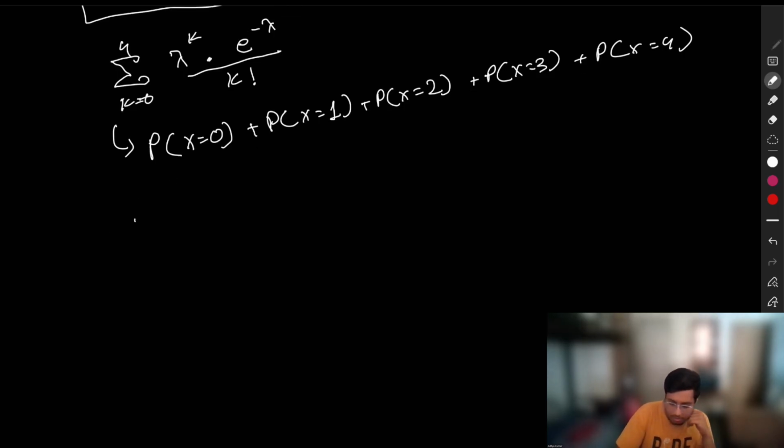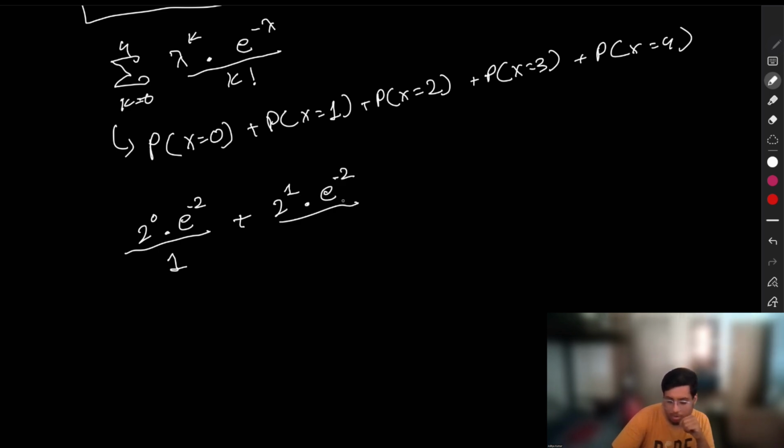What is x equal to 0? Lambda raised to the power k, which is 0. Let's write the values only. 2 raised to the power 0 multiplied by e raised to the power minus 2 upon k factorial. What is the value of 0 factorial? It is 1. Plus 2 raised to the power 1 multiplied by e raised to the power minus 2 upon 1 factorial, which is 1. Plus 2 raised to the power 2 multiplied by e raised to the power minus 2 upon 2 factorial, which is 2.